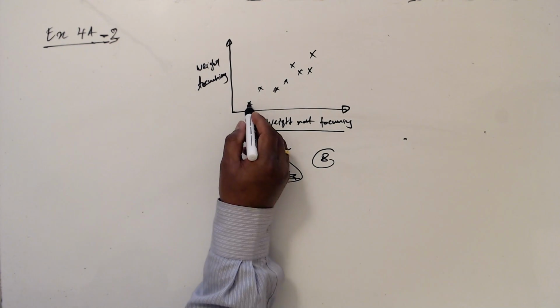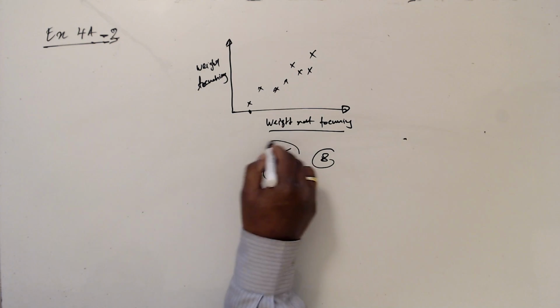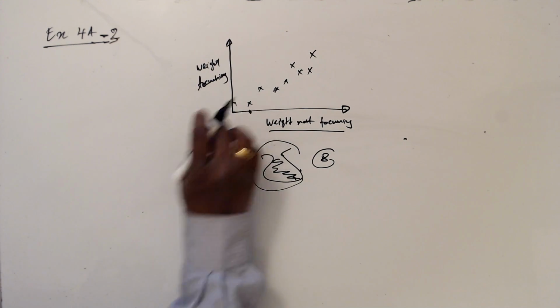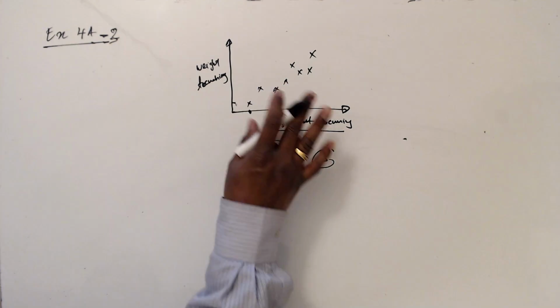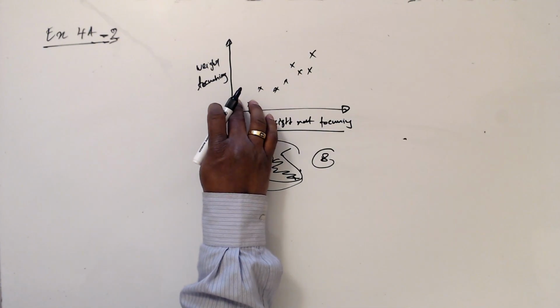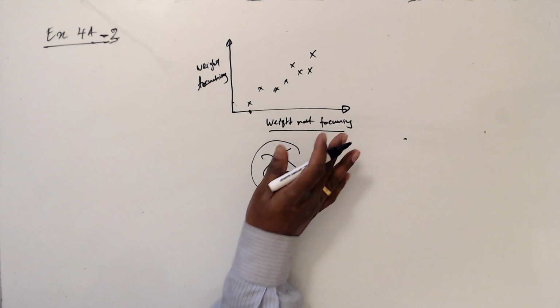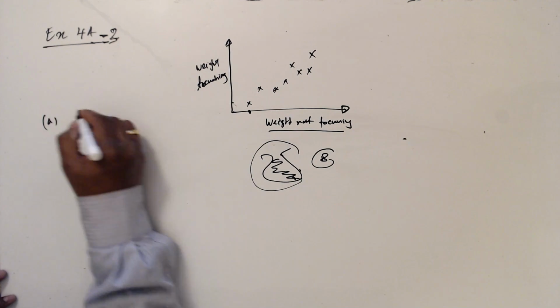For example, this cross will tell that this value is before touching for the same sweet bag, and this is after touching for the same bag. You may get this kind of scatter graph, but you have to draw it properly on graph paper, not like me.